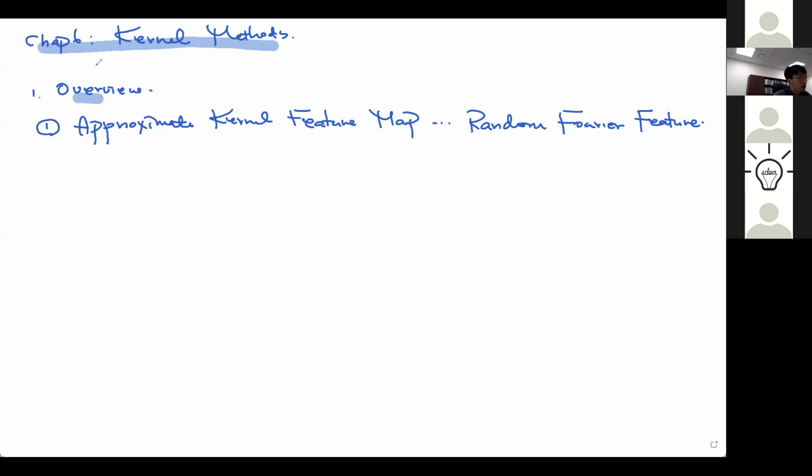The other thing is something called negative definite symmetric kernel. This gives us some idea on how to design a kernel.